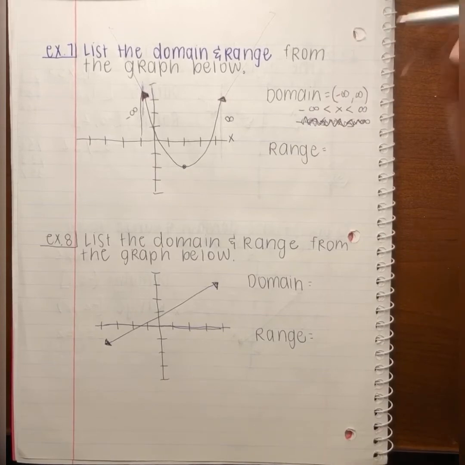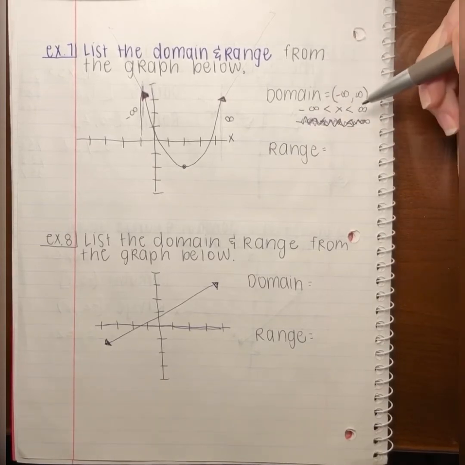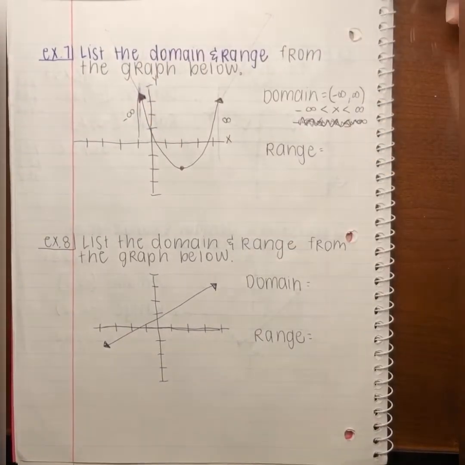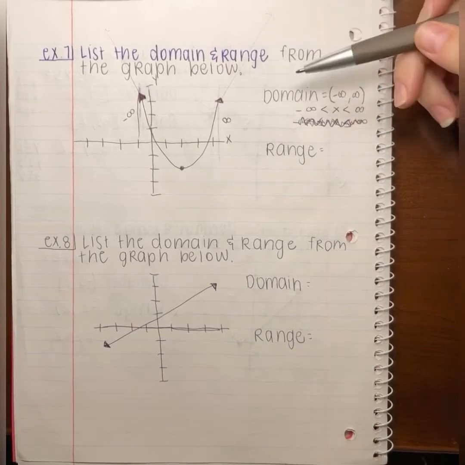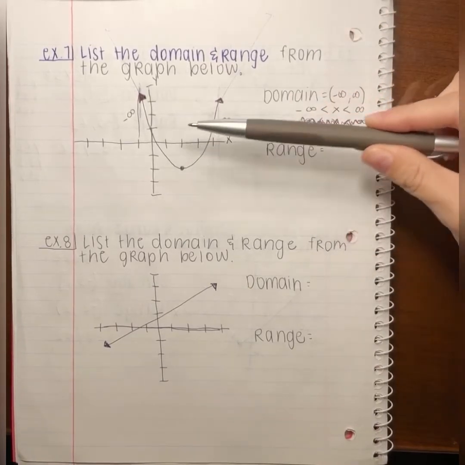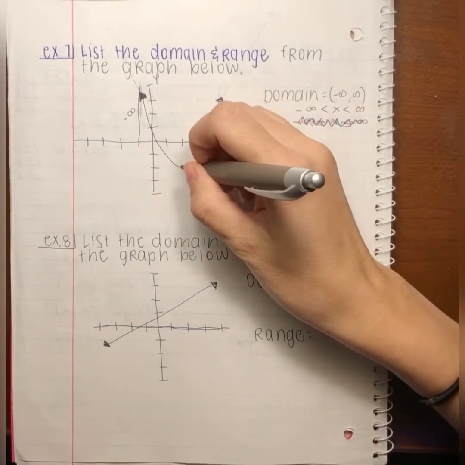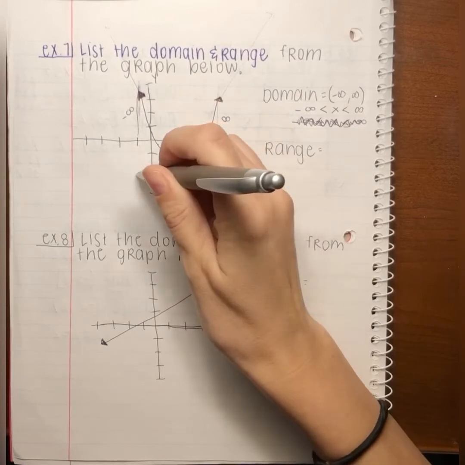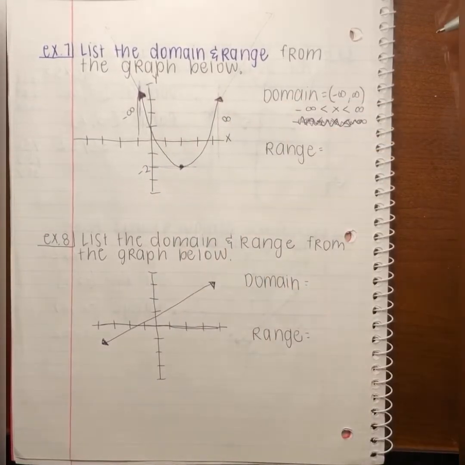All right, so range. We're going to go from the smallest value on my y-axis to the largest value on my y-axis. So the smallest, or the furthest down, I have a point, would be right here, and that is at -2 on my y-axis.